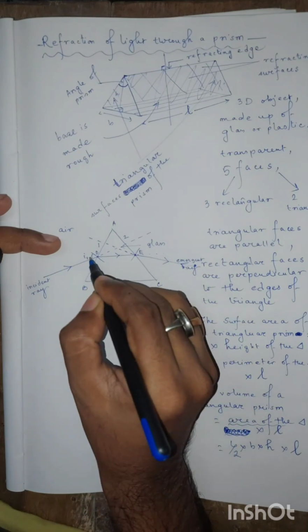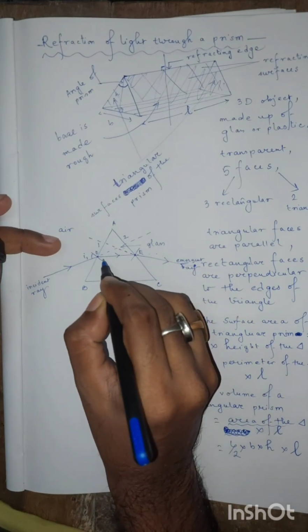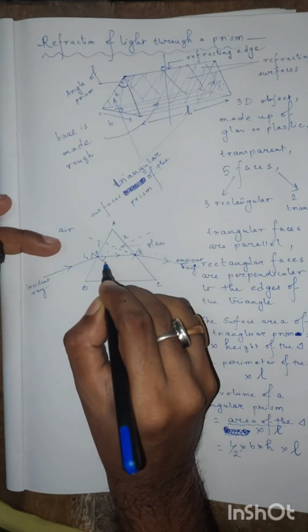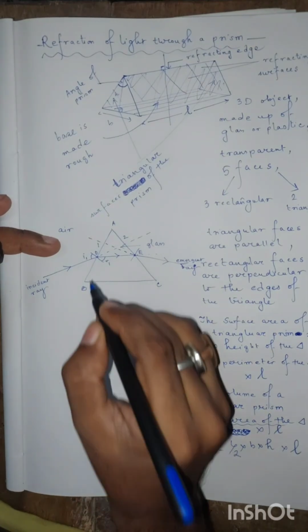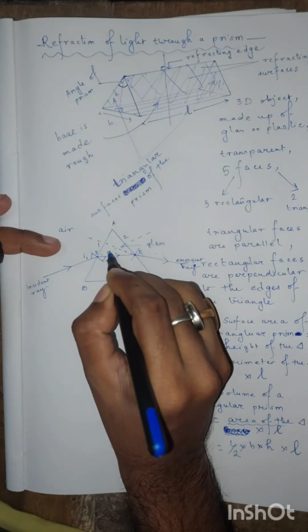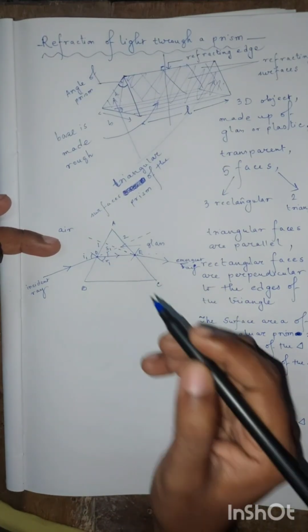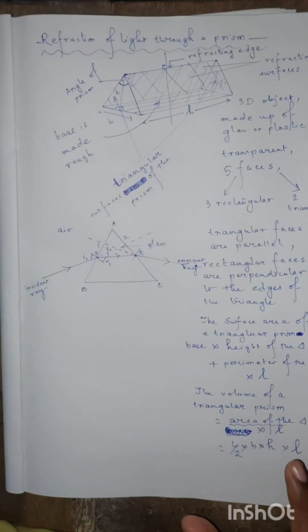This is our angle of incidence, this is our angle of refraction, and this is our angle of deviation delta 1. I hope it is visible and comprehensible.